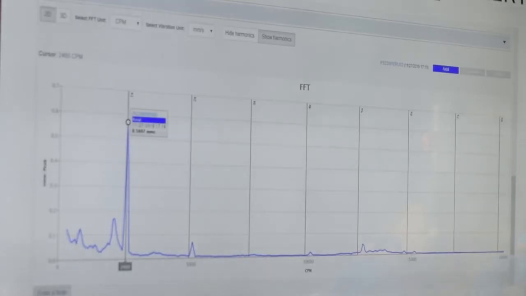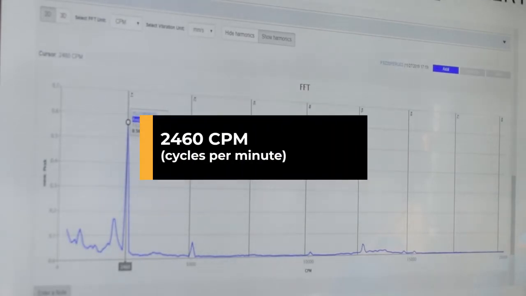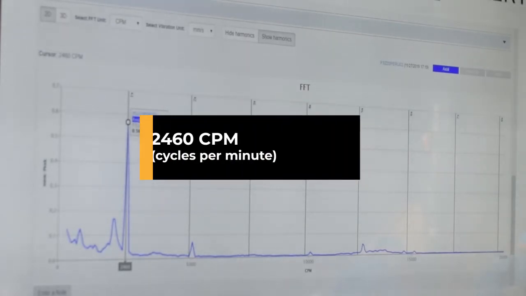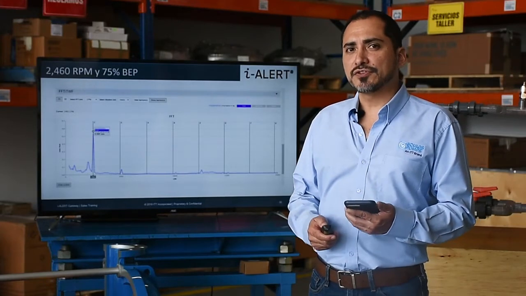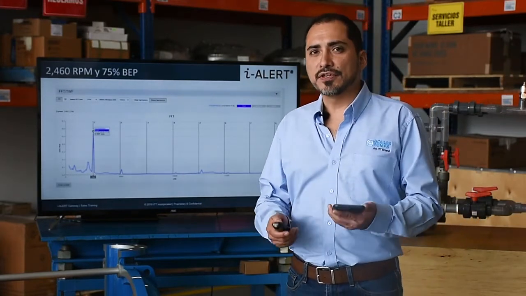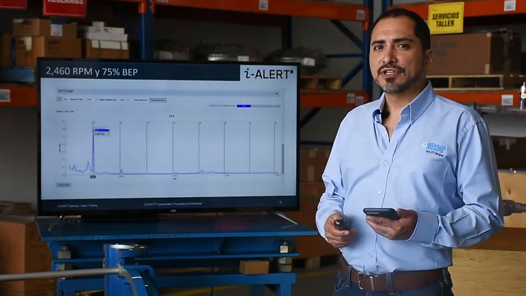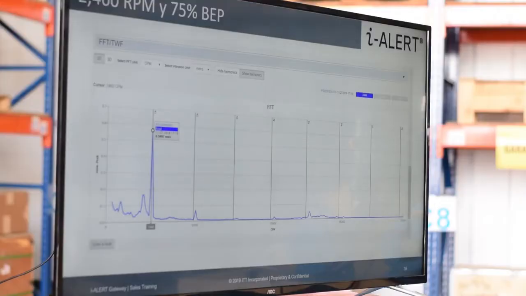We see that the first peak has shifted from 3500 to 2460 CPM, and the peak at the vane pass frequency went from 14,000 to 9840 CPM, something logical, maintaining linearity with the speed of rotation. However, something more interesting is what happens with the amplitude, which is reduced with the square of the speed.